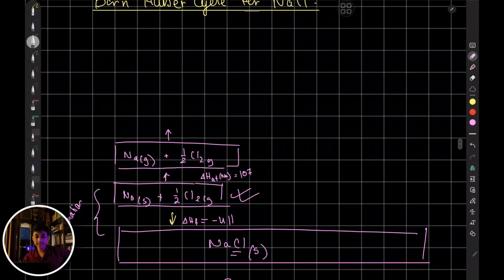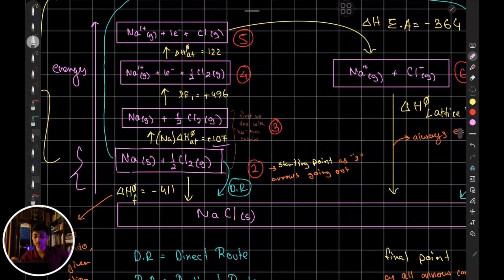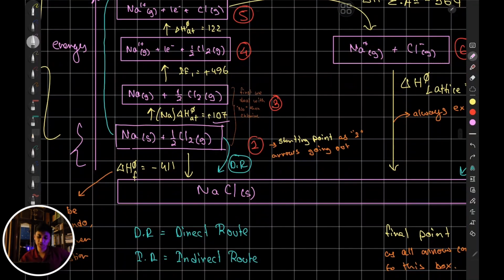What are we going to ionize? Sodium atom, and turn it into a sodium ion. What is the value of IE? IE1 is going to be plus 496. Why positive? Because it's an endothermic process where the electron is taken out, right? So bonds are broken.